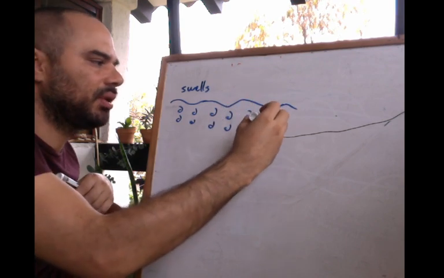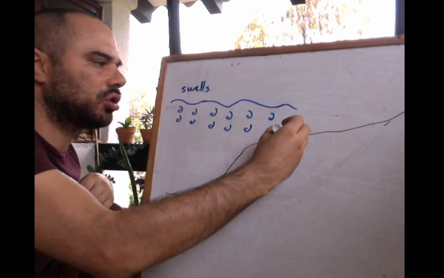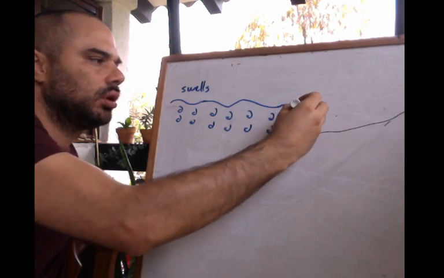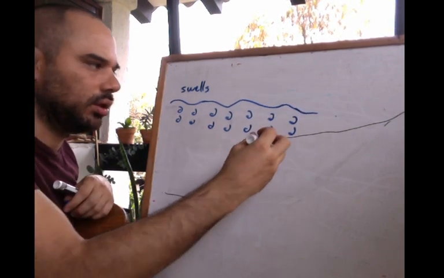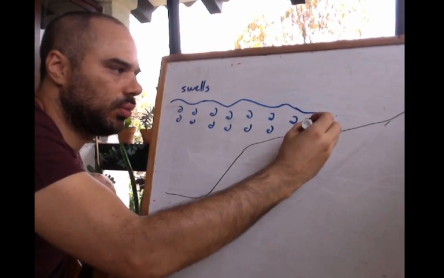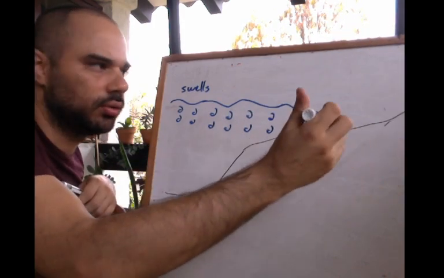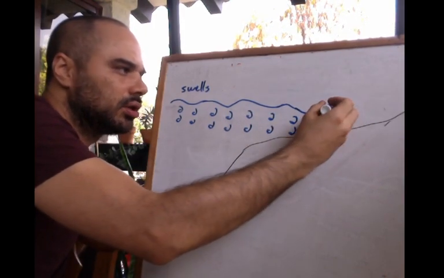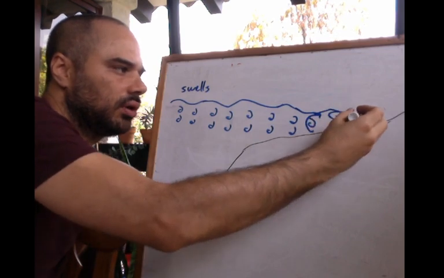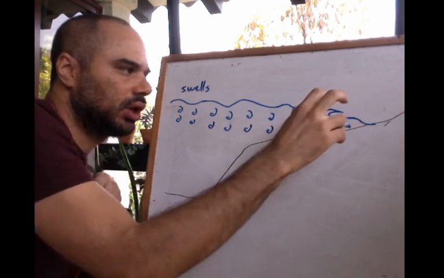But what happens when this circular motion is interfered with by land? Then this circular motion is no longer permissible, so this brings the energy back to the top, and that makes the wave become a breaker.